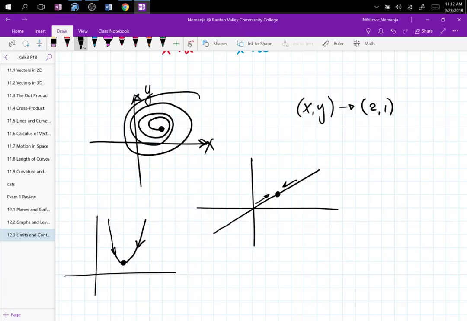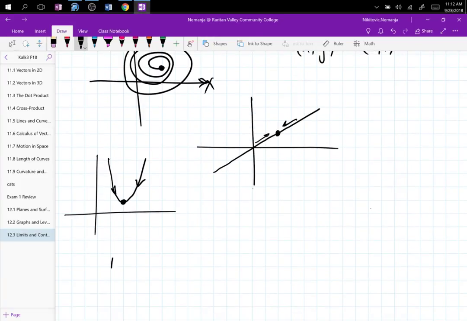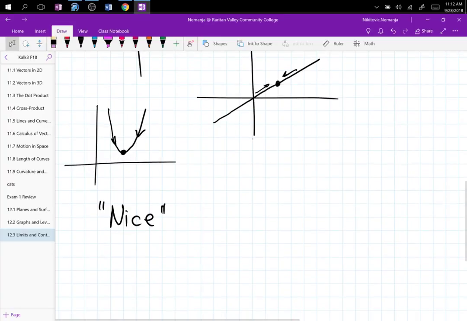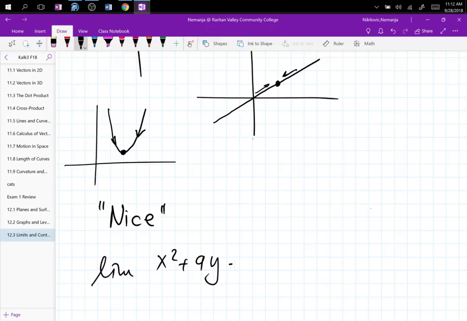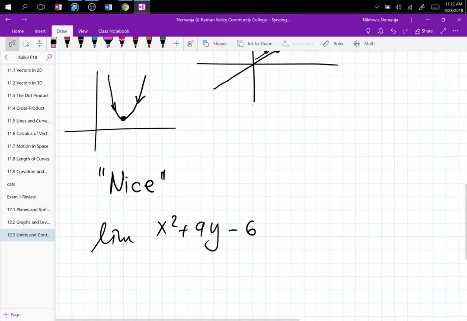So, when the things are nice, in quotation marks, we have the problem as the limit of x squared plus 9y minus 6 as (x,y) goes to (0,3).